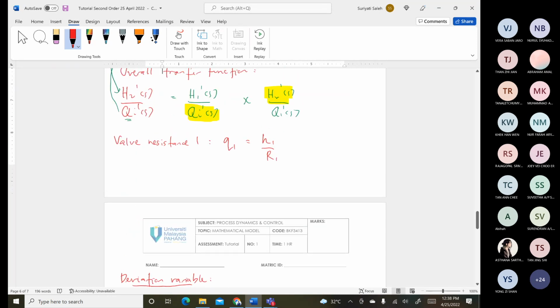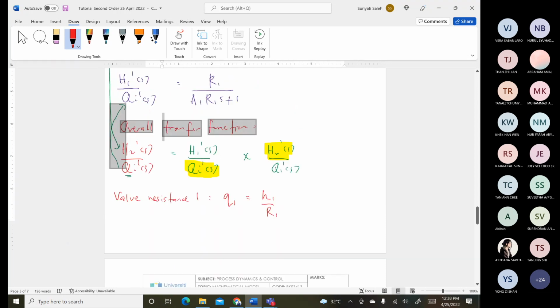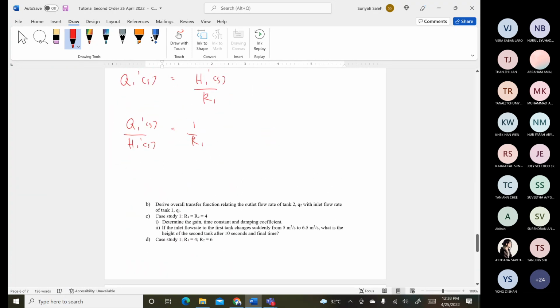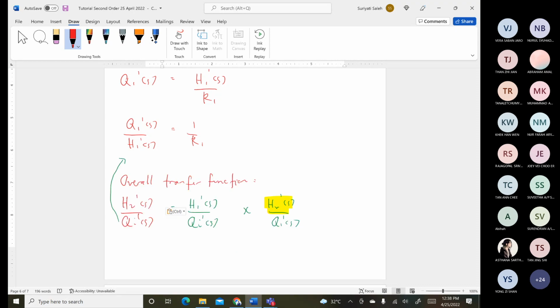Again, this is our overall transfer function: H1 over Qi, and then H2 over Q1.